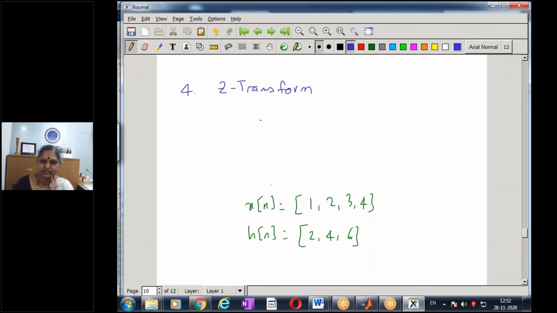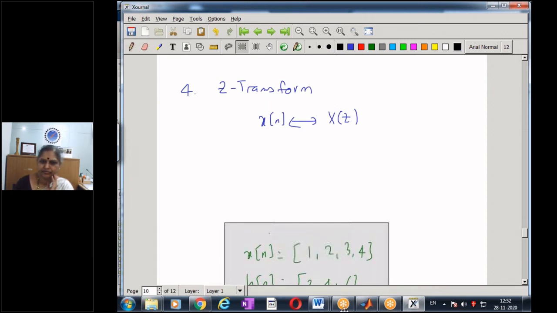Say we have a sequence xn, we compute its Z transform X of z, and for h of n we compute its Z transform H of z.